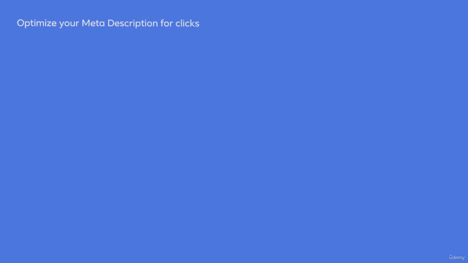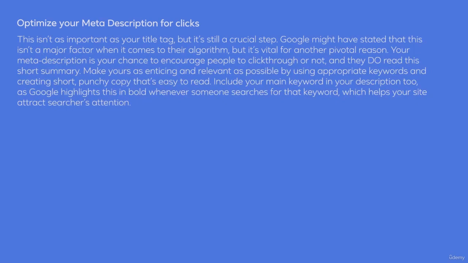Optimize your meta description for clicks. This isn't as important as your title tag, but it's still a crucial step. Google might have stated that this isn't a major factor when it comes to their algorithm, but it's vital for another pivotal reason. Your meta description is your chance to encourage people to click through or not, and they do read this short summary.